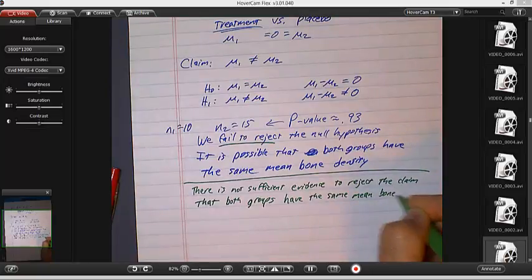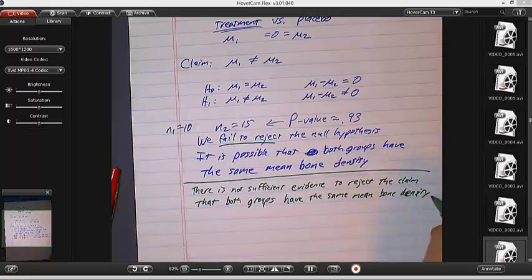Now, what's interesting is, again, that we know the two groups have the same mean bone density, so how would we reject it, right?